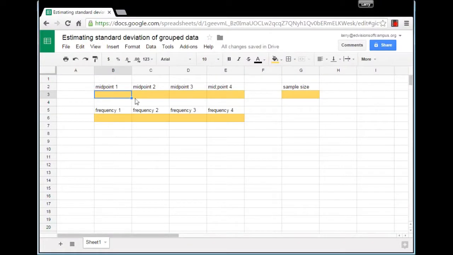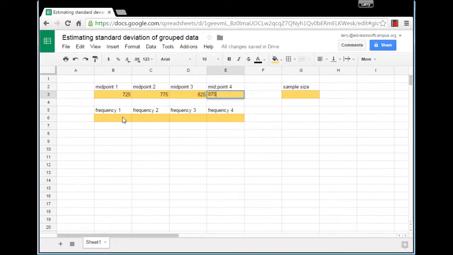Okay, so here we are in the computer, and what I've got here is a simple spreadsheet, and all I've done is really just make spots to enter in our data, our midpoints, and the sample size, and the frequencies of each of those ranges. So our midpoints were 725, 775, 825, and 875.